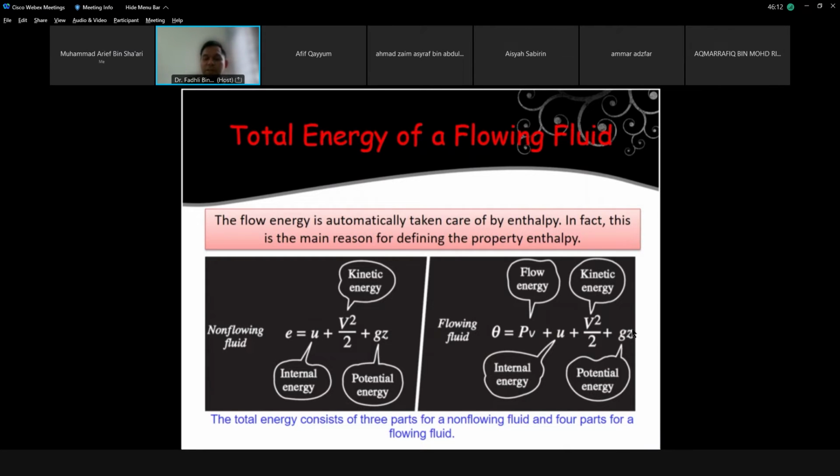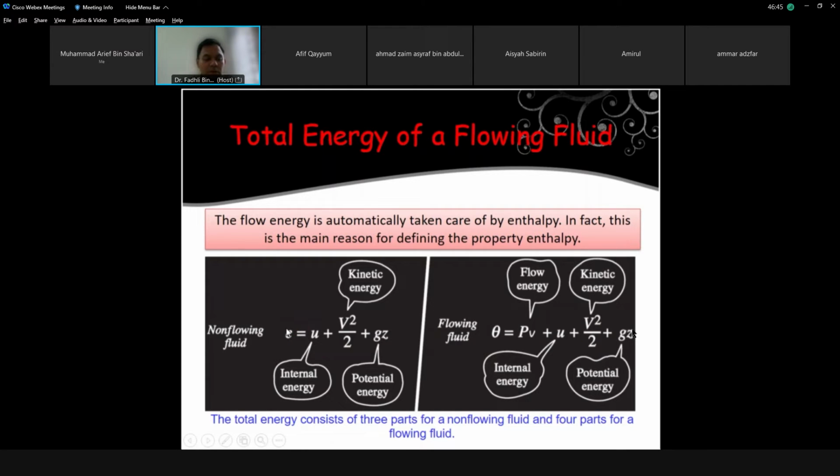So the last three parts, U plus kinetic energy plus potential energy, is actually E di sini. Kan dia sama kan, internal energy, kinetic energy and potential energy. So theta ni can be written as equal to PV tambah E. Nampak tak? Tiga yang terakhir ni sebenarnya adalah E.